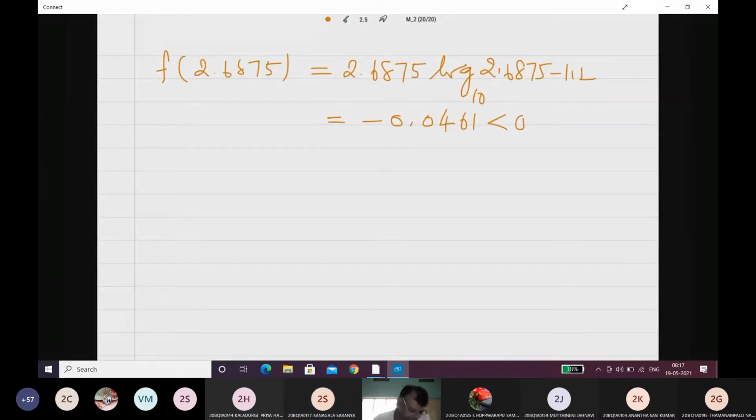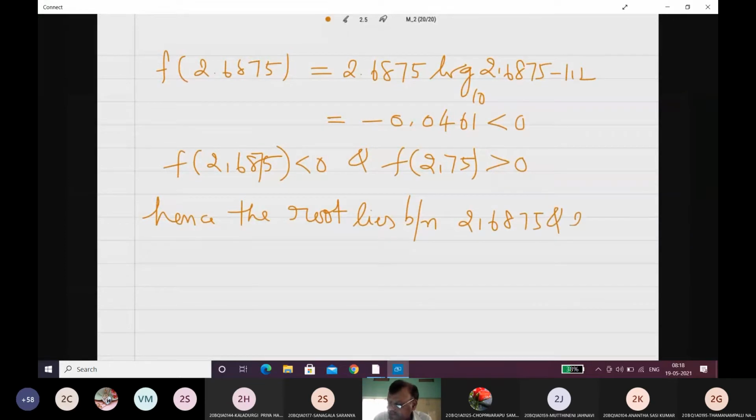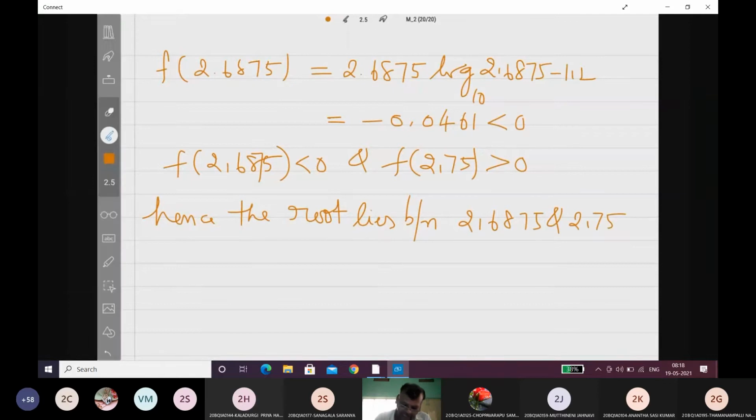Therefore f of 2.6875 is negative, and f of 2.75 is positive. Hence, the root lies between 2.6875 and 2.75.